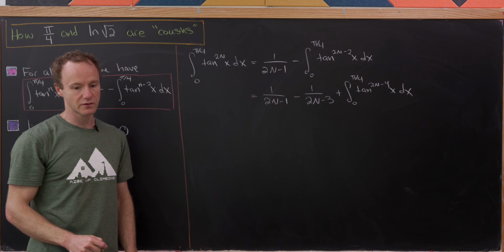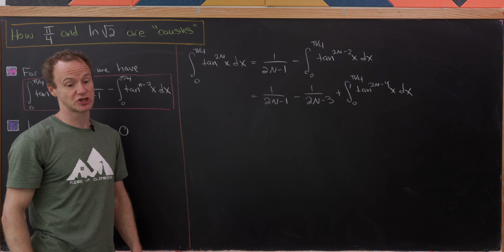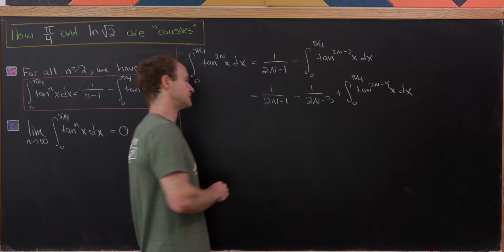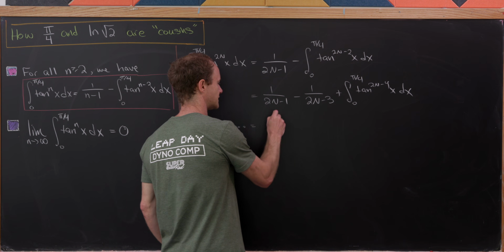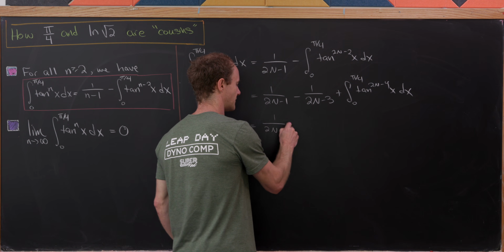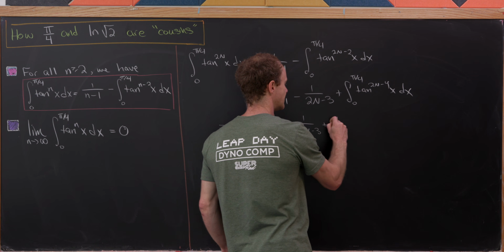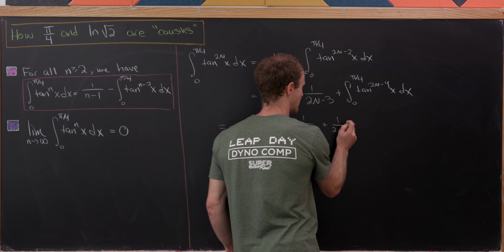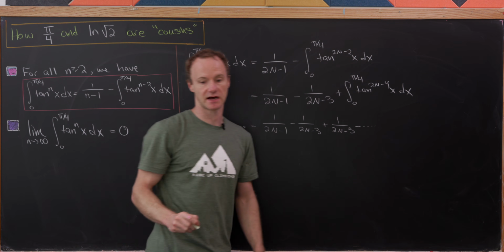But now we can repeat this until we go all the way down to the ground, if you will. So I'll write this as equals dot dot dot, and so we'll have 1 over 2N minus 1 minus 1 over 2N minus 3. The next one will be plus 1 over 2N minus 5 minus dot dot dot.